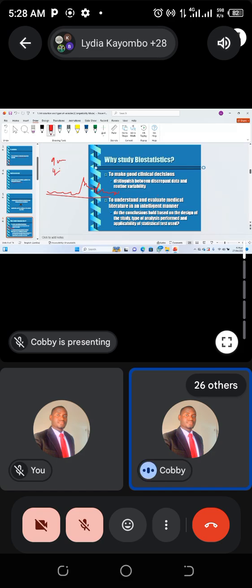After you have known the study design, you also need to know the data analysis method. I'm sure you have done data analysis, right? Yes, each type of data has a way that needs to be analyzed. The qualitative data and the quantitative data each have a way they are supposed to be analyzed.